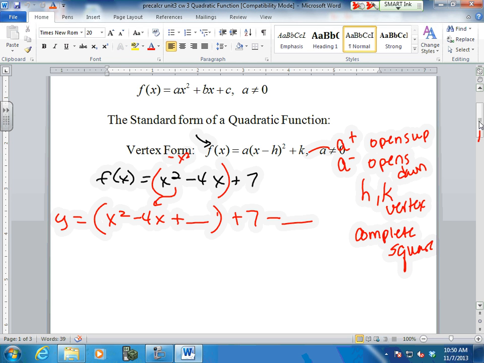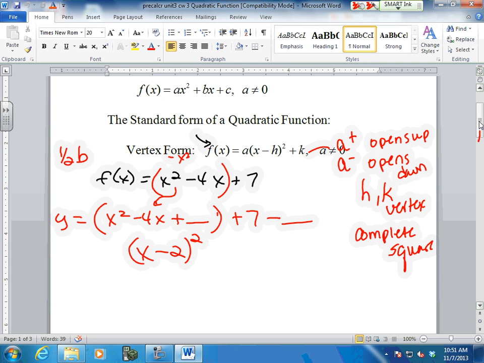And you might remember this part from last year. We took the middle term. This is the b. We took half of b. That helps us complete the square. So what is half of -4? So since it's a negative, we do x minus 2. We square it.